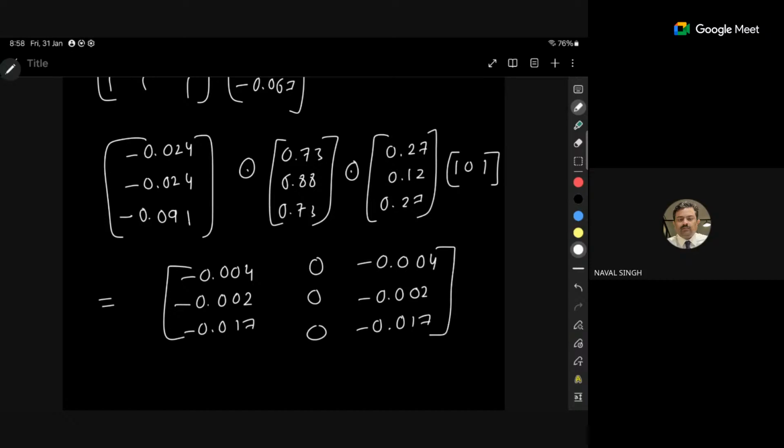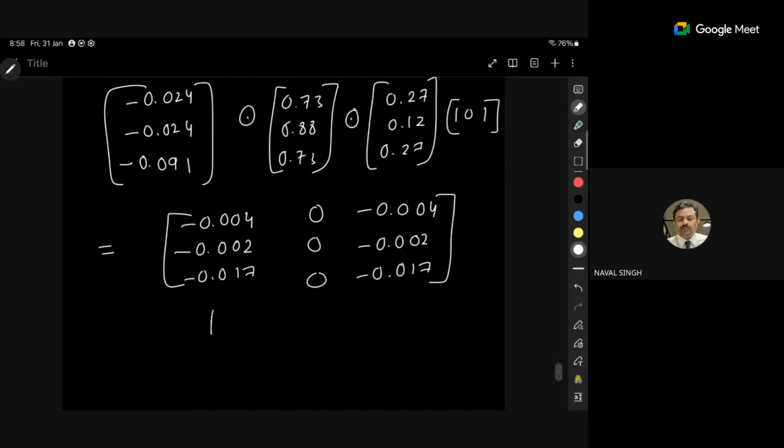Right. This is understandable since both of them were 1 and this was 0. So you can see the derivatives are kind of the same, and then 0. This is what you'll get as the final output.